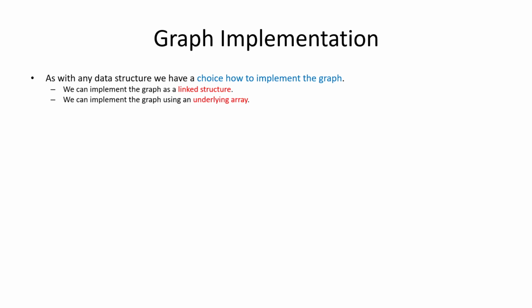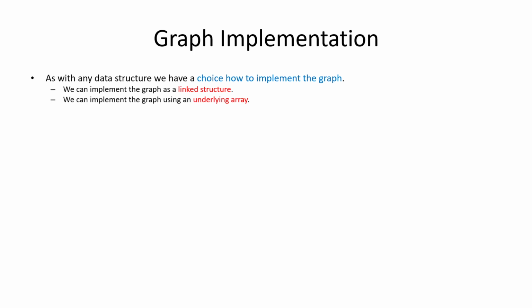Now, with that said, there are two very standard ways to implement our graph, and they parallel the two standard ways to implement any data structure that we've looked at in this series of videos. And that is, we can either link our structure together, like a linked list or a tree. Those are commonly linked data structures.